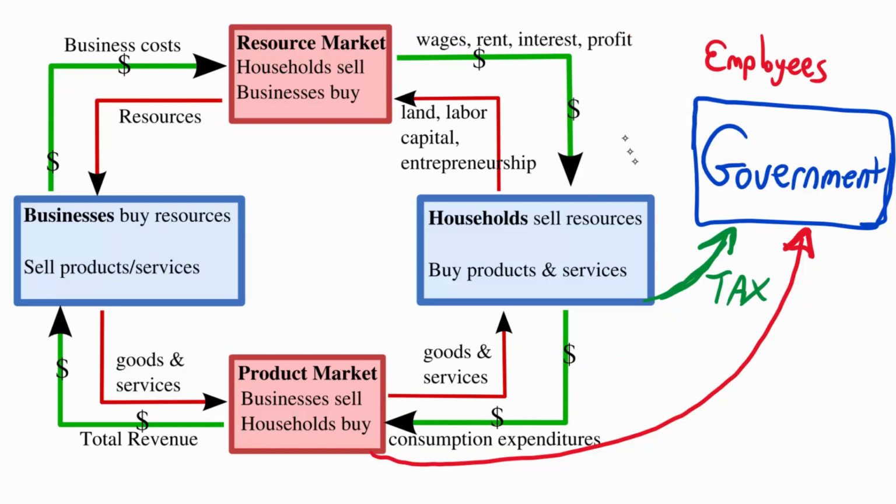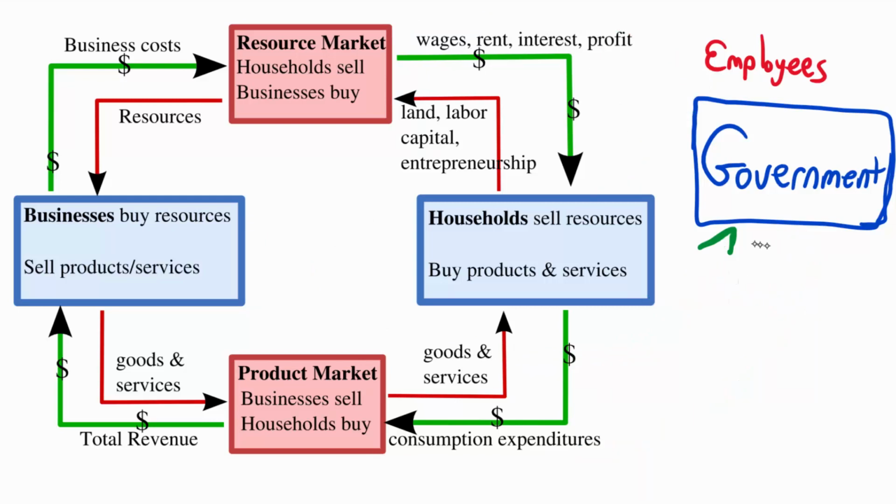Now, let's think about that situation we were looking at just a minute ago. What if the government saw that we were getting into a recession or heading into a depression? Remember, our trigger for this was that consumers were really worried, and so consumers weren't buying as many products and services.